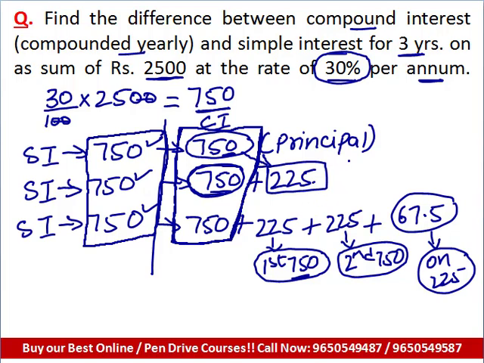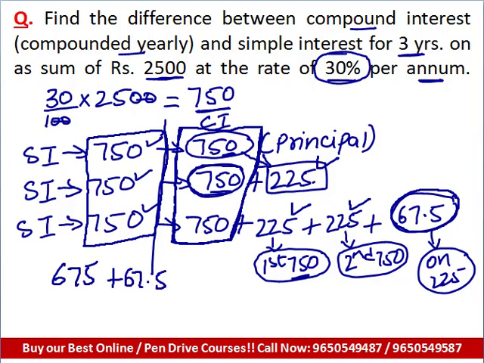So let's calculate. Let's add all these figures. Let's first of all look at the 225s. How many 225s you have? 1, 2 and 3. So you have 3 225s. 3 225s, that means 675. 225 into 3 becomes 675, plus there is the additional 67.5.